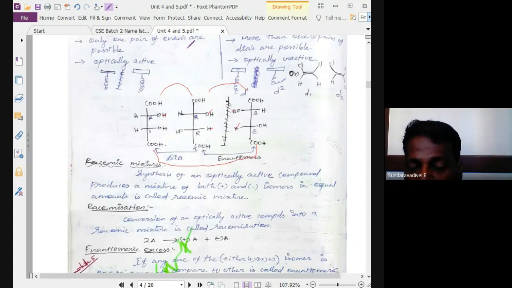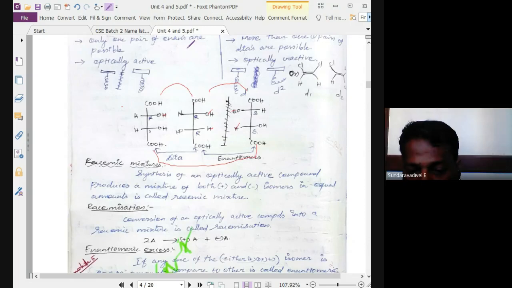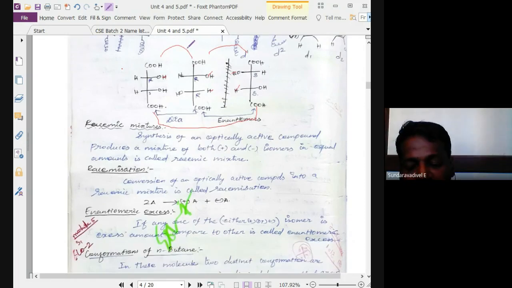For example, we have to prepare plus isomer and minus isomer. Here there is no equal composition, but we have to prepare the racemic mixture. That is racemization. And enantiomeric excess means any one of the isomers is present in the excess amount.